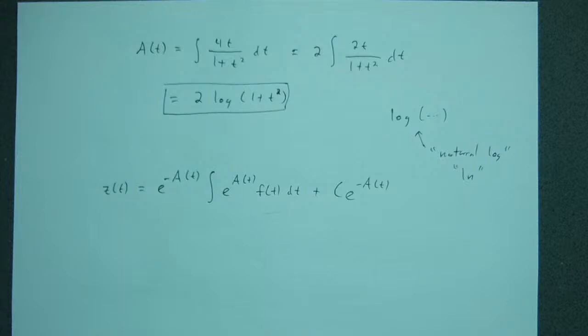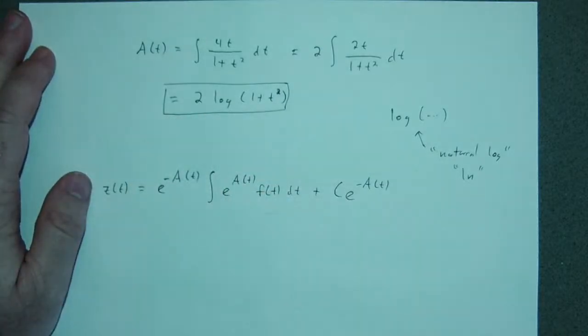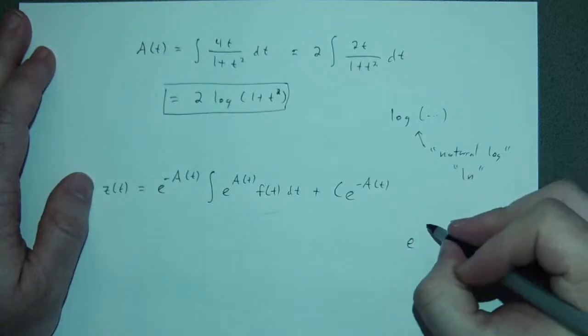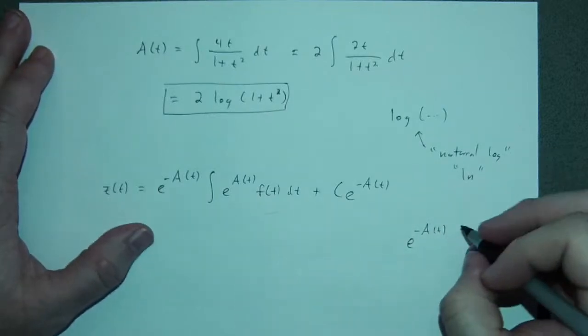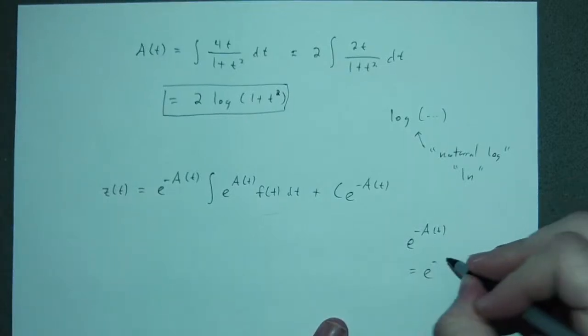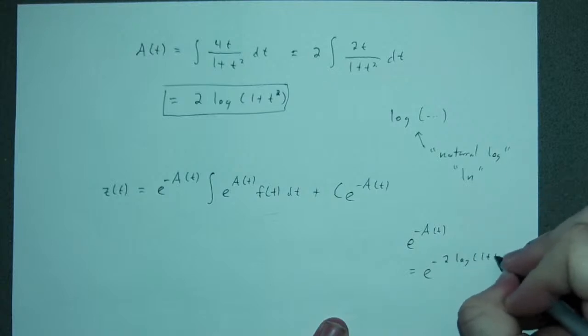Well, remember that here our A of t is 2 log 1 plus t squared. So e to the minus big A of t in this case is going to be e to the minus 2 log 1 plus t squared.